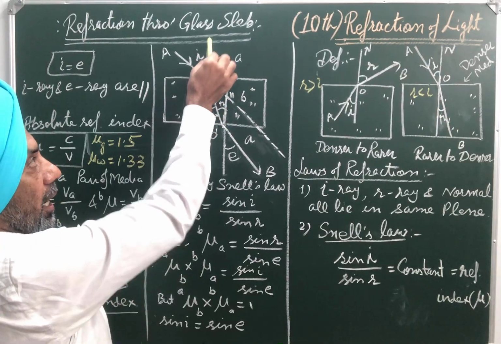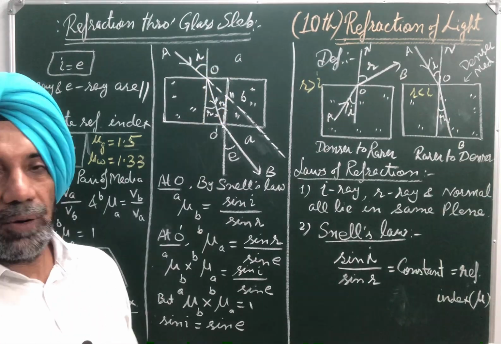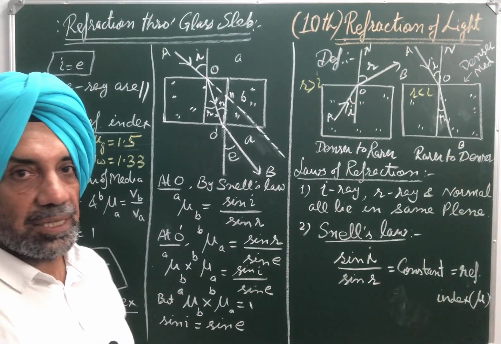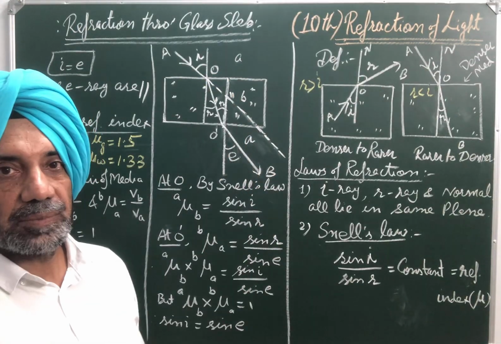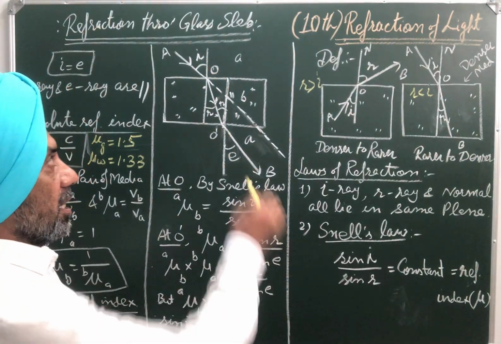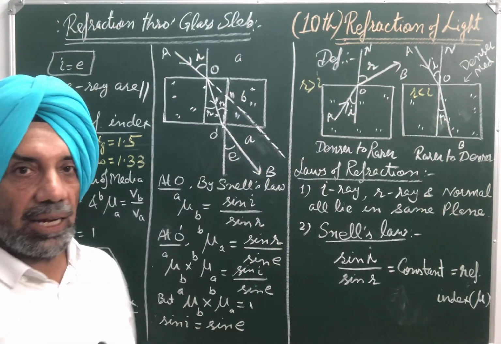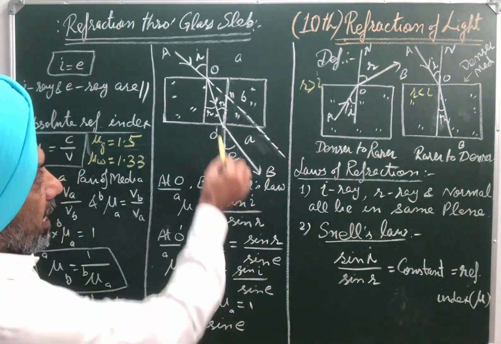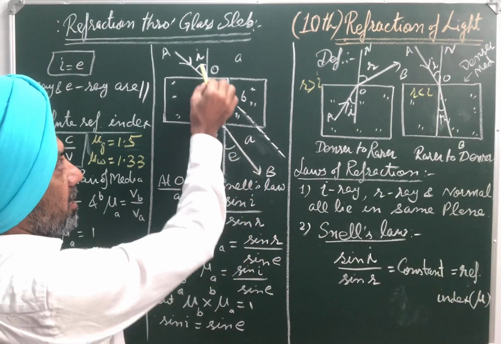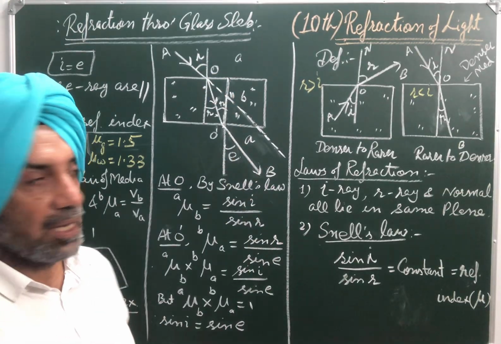First of all, at the upper face, let a ray of light AO enter at O. Let i be the angle of incidence, which the incident ray makes with the normal, called the angle of incidence. Then it bends toward the normal, making r, the angle of refraction, less than the angle of incidence.